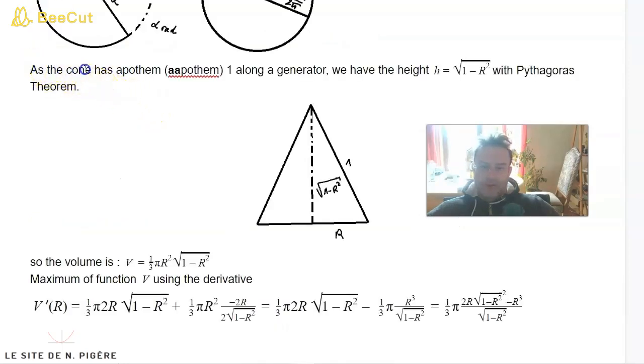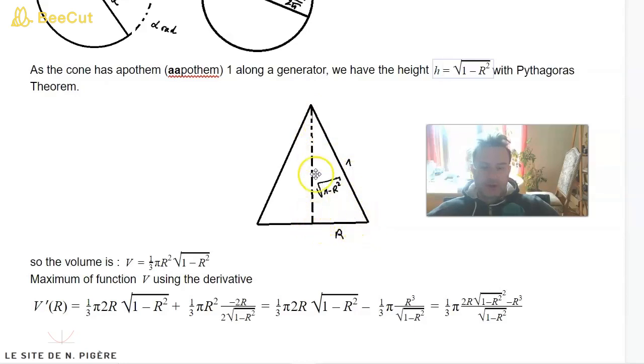Now we've got a cone, and this cone has an apothem 1. The apothem is the length here, and it is 1 because the radius of the original disc was 1. So we can calculate the height of our cone, and we can figure out this height by Pythagoras' theorem, because we've got 1 here and the radius r that we have just calculated.